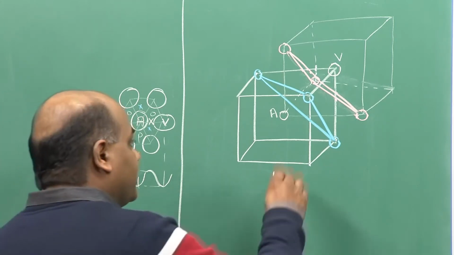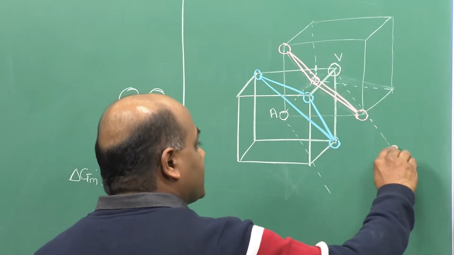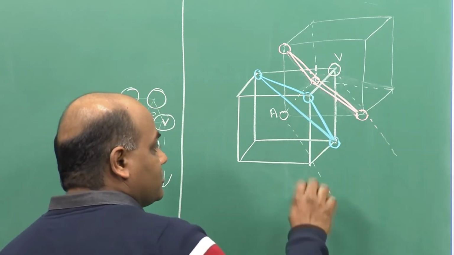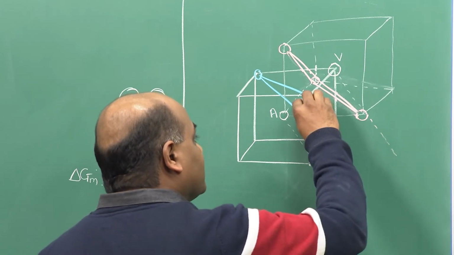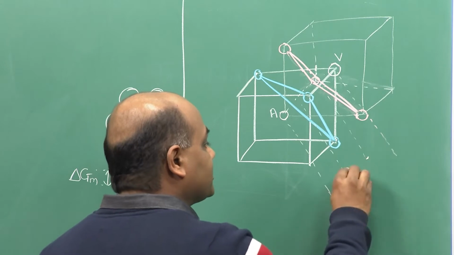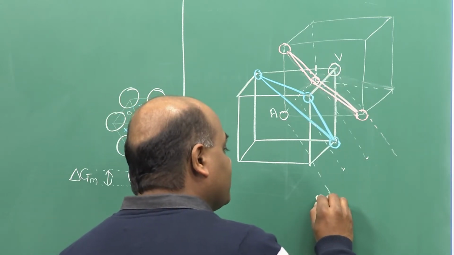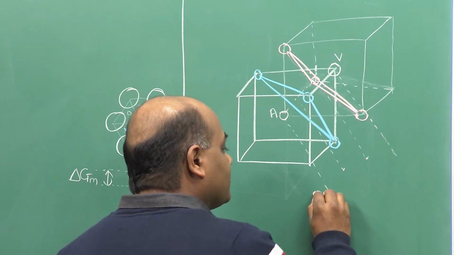So, if we draw the energy versus distance as the atom moves from position A to position V, there will be two positions where the energy will be maximum. Of course, A and V are the equilibrium positions, so the energy there will be minimum.